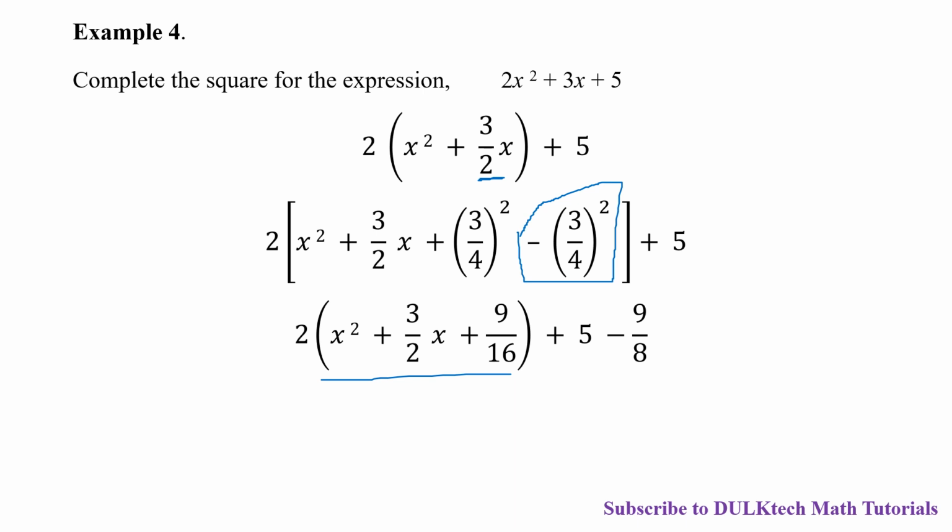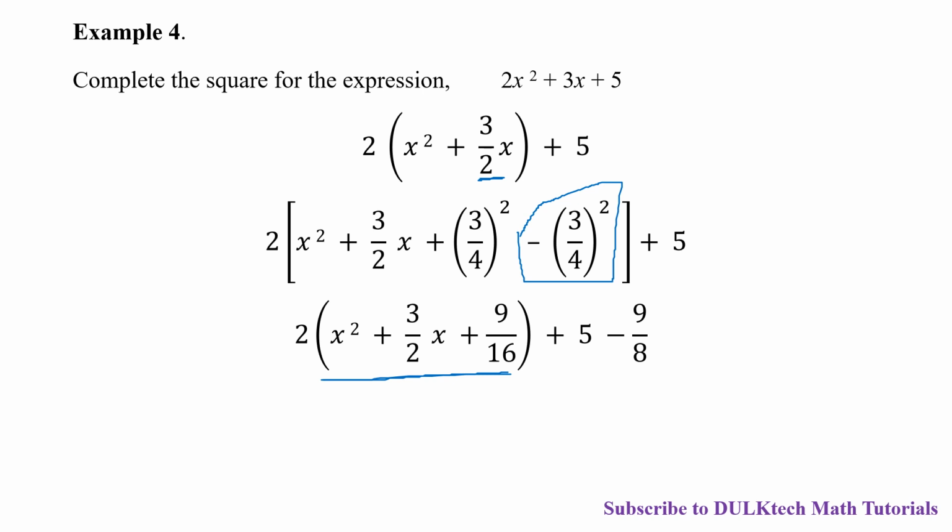So to avoid confusion, from what we have been seeing in the first 3 examples, to factorize this quadratic expression, this is now a perfect square. That's always the case: it will be a perfect square if you follow the steps 1 up to the previous step before this one. If you follow them and you do it the right way, you will definitely get a perfect square in the brackets.